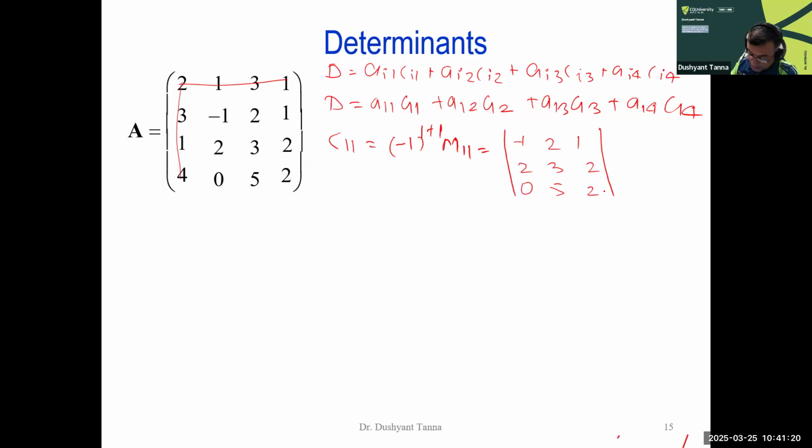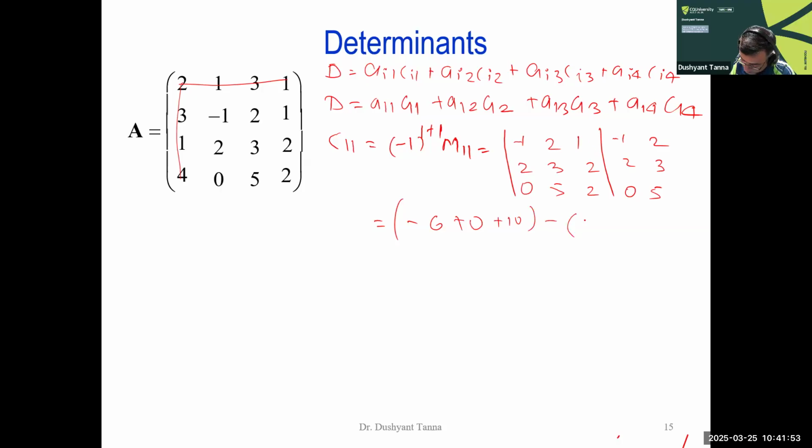Again, how do you expand it? There you can use that shortcut way. You extend that: -1, 2, 2, 3, and 0, 5. Then multiply the principal diagonals. So -6, I would put a bracket just so I know that I'm adding the principal and subtracting the secondary. 2 times 2, that's a 0; 1 times 2 times 5, that's a 10.